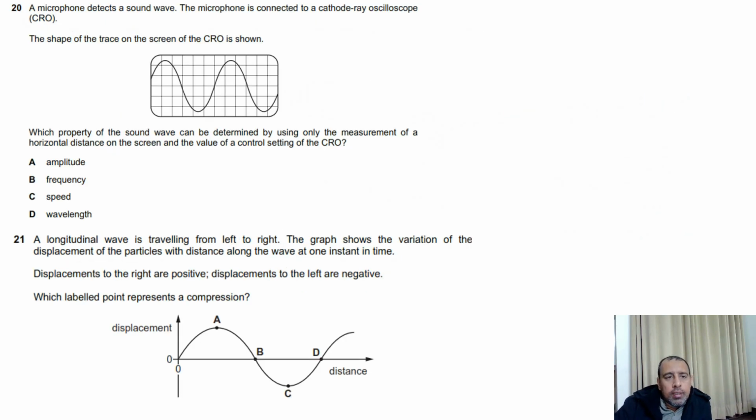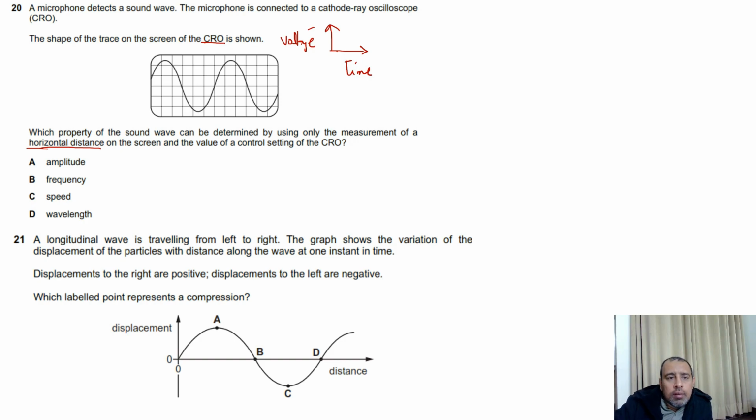For question number 20, you know that in the CRO, this side is for the time, and this side is generally for the voltage. Which property of the sound wave can be determined by using only the measurement of the horizontal distance on screen?